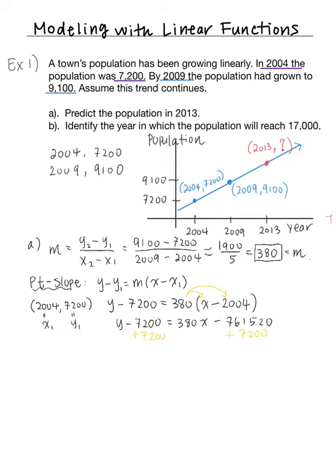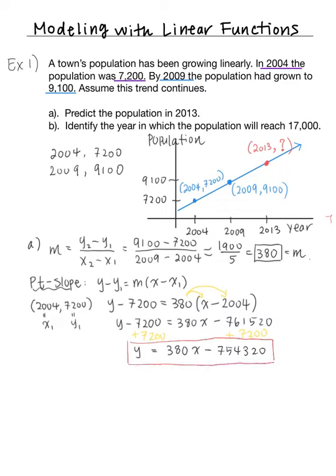Okay, so then what do we get? We're going to have y equals 380x minus, what is that? 754,320. At least that's what I got.